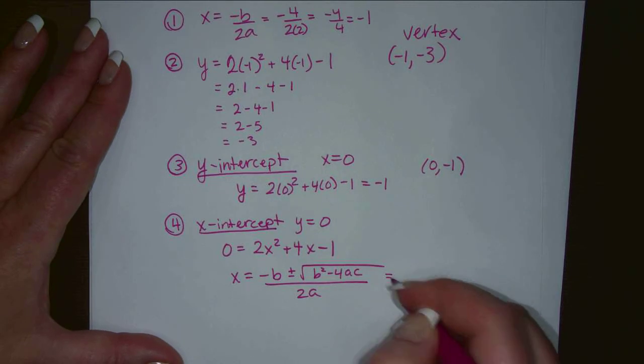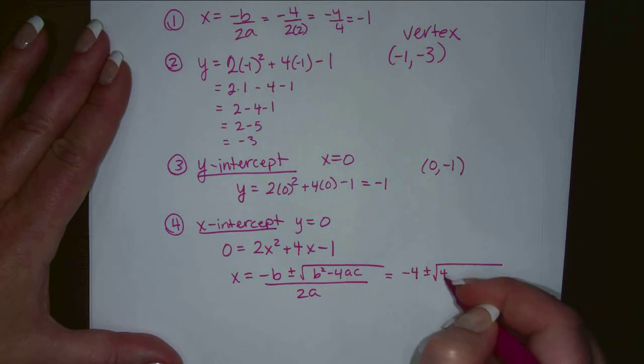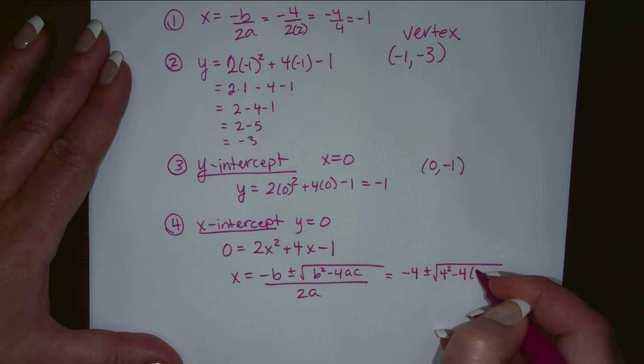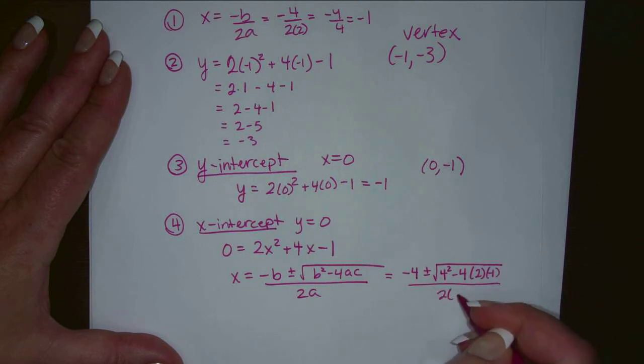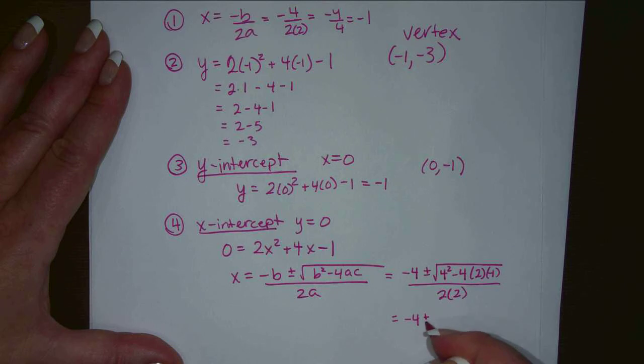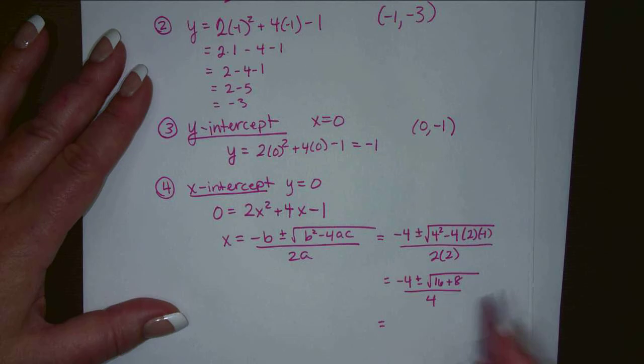So minus b, plus or minus, we'll just fill this in, b squared minus 4 times a times c. 16 plus 8, 24, and does that simplify?